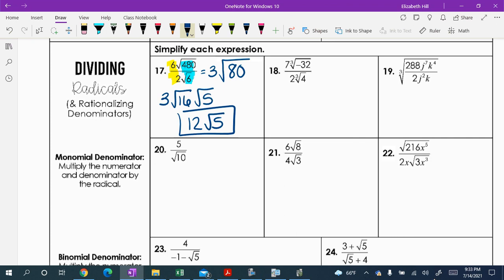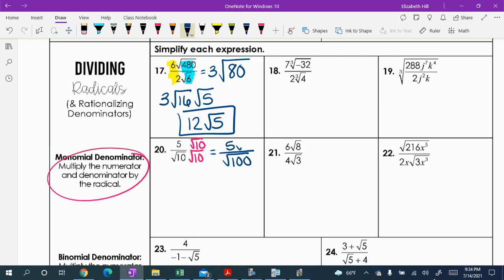Now I'm going to jump down to number 20 because it's not going to work for number 20. Here's where we rationalize our denominator, and you're just going to multiply the numerator and denominator by that radical. So I'm going to multiply the numerator and denominator by the square root of 10. This creates a perfect square in your denominator because you have 10 times 10, which gives you 100.